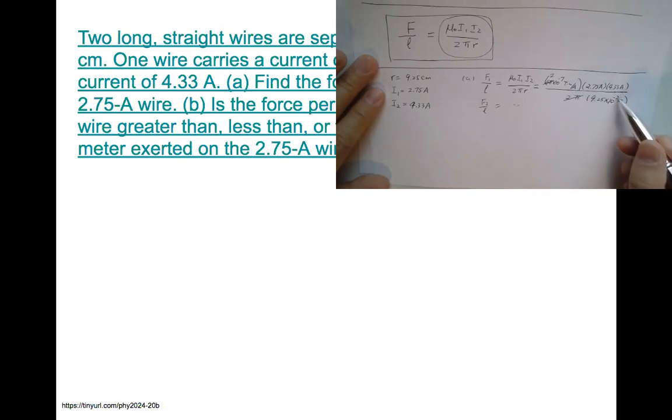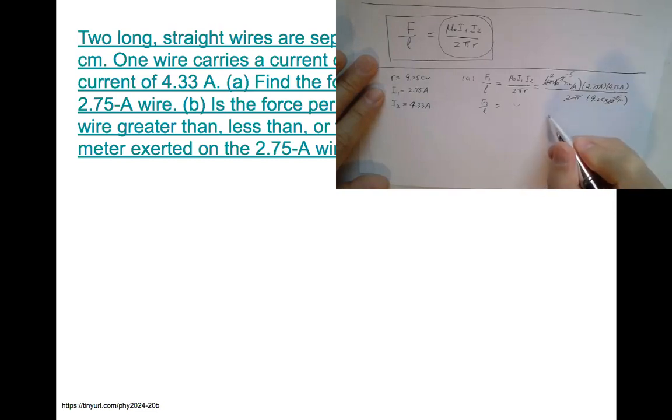I would cancel the 10 to the minus 2 partially against the minus 7, which gives me minus 5. A lot of times I will do that, but it's up to you. Whichever you feel more comfortable with, just do as you like. Then I'll be doing 2 times 10 to the minus 5 times 2.75 times 4.33 divided by 9.25.